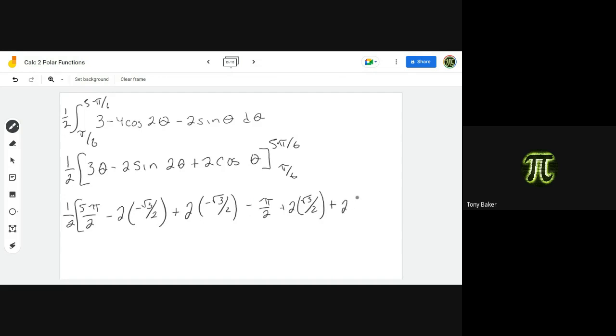Plus 2 square root of 3 over 2. Oh, sorry. Minus.